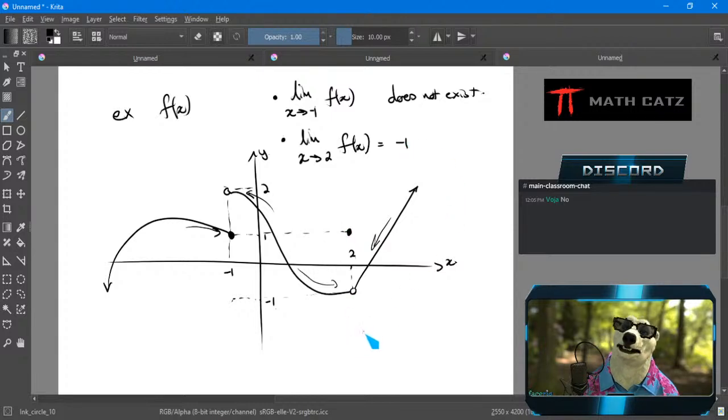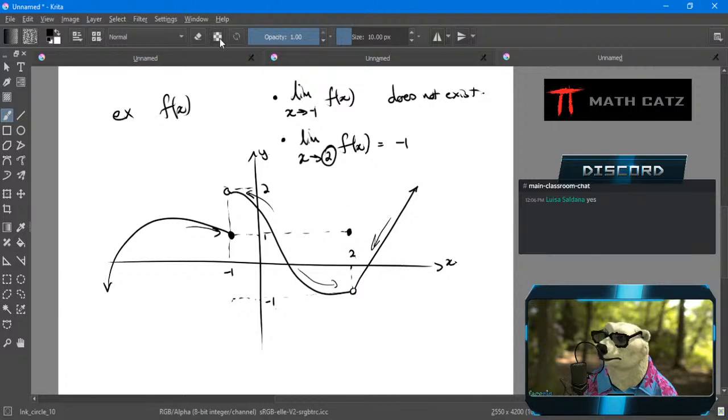Does that change the behavior question? Yes or no? Does that change the answer to my limit? It does not, because I will never care about what is happening at that x value.